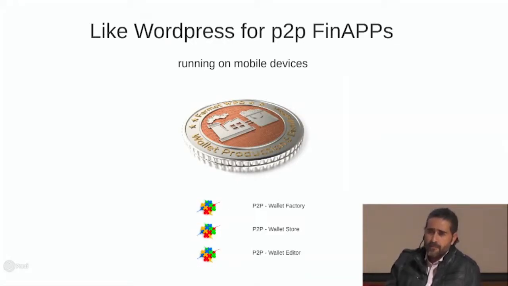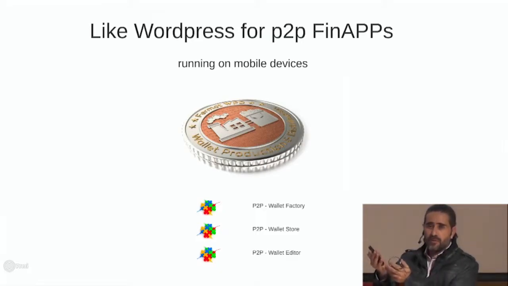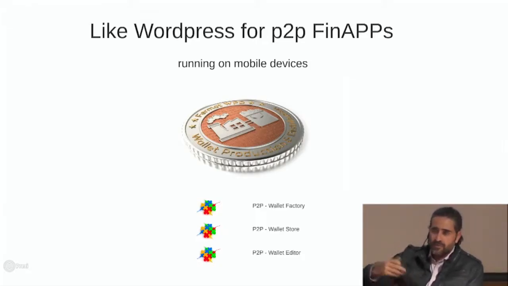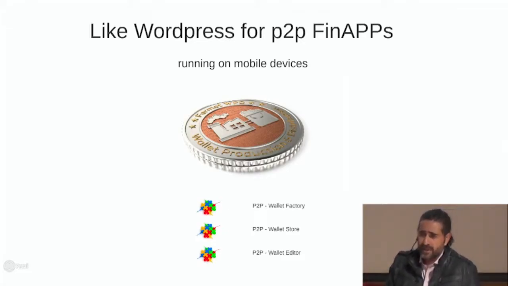And this is what I was just explaining. We based ourselves on the WordPress model, as if you were running the WordPress server on your telephone. So the plugins would be there, so you can talk to a counterpart through the peer-to-peer metadata transfer.